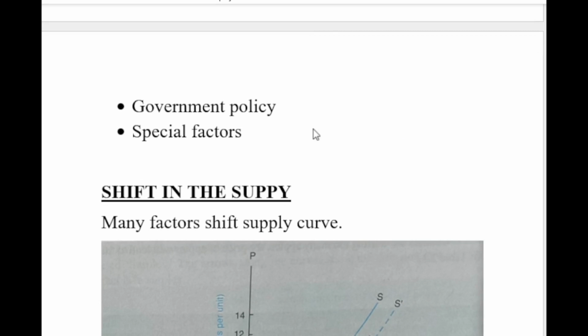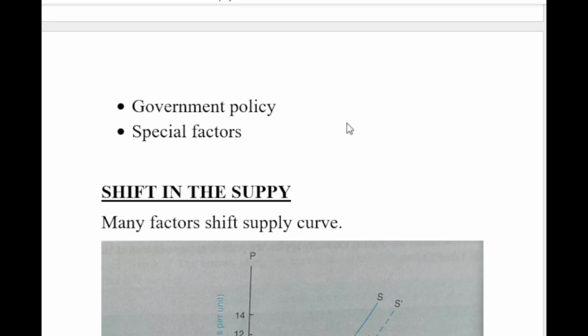Special factor means market structure will supply an expectation about the future prices, which has an important impact on supply decisions. The weather forecast is an important influence on farming. Farming is majorly dependent on monsoon.